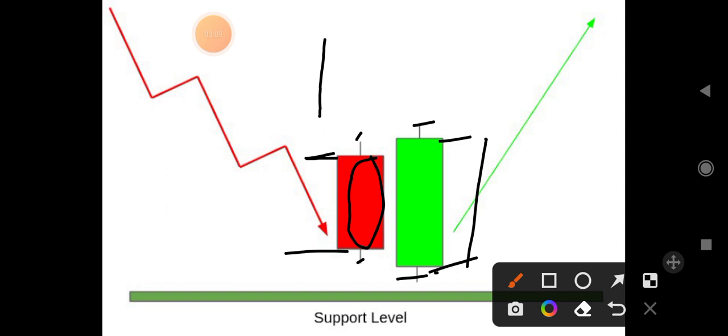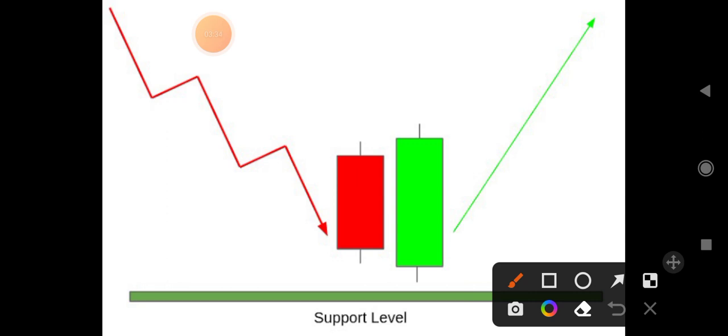So when we are considering the engulfing candlestick pattern, we are more concerned about the body of the candle. The body of the candlesticks is here to here for this green one, and here to here for this red one. Please pardon my drawing, it's not neat. All right, so what happens? As you can see, the body of the green candle is far bigger than the body of the red candle.